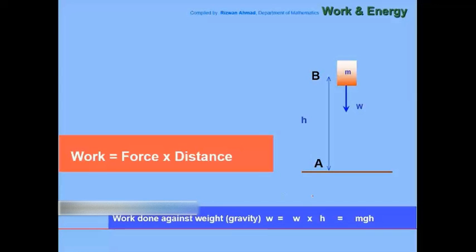Okay, so this is also the potential energy, PE. But we'll talk about this later. Here we are doing only the work done against the gravity or against the weight. So that is weight times the distance, h.